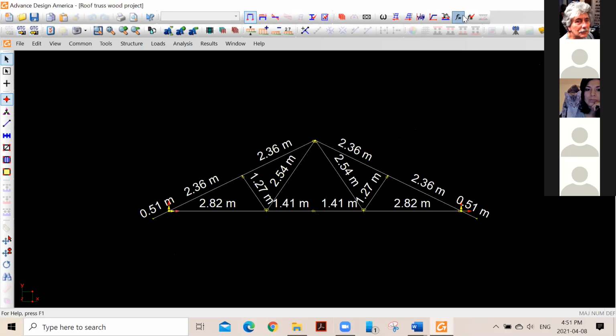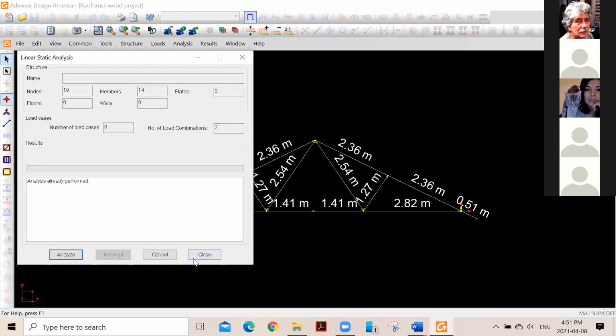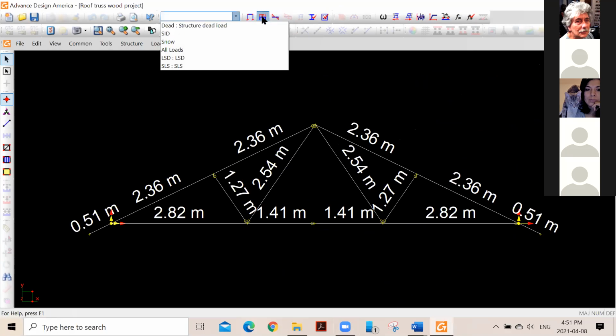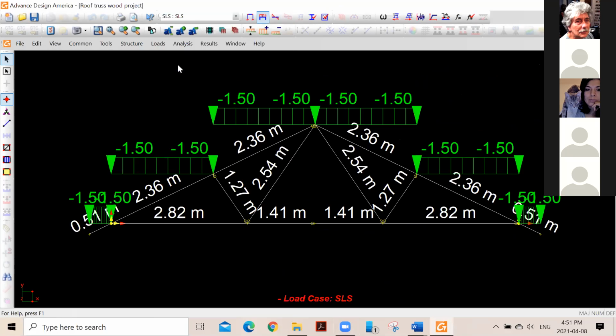Go to loads. No, don't analyze yet. I want to see. Go to loads. Here, load. Did you already create one? Yeah, I did. Okay, so that's your snow load. Perfect.